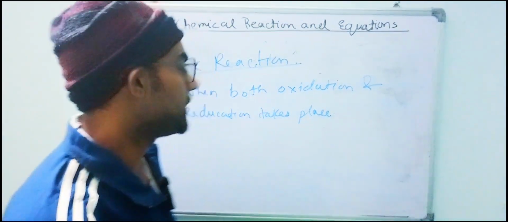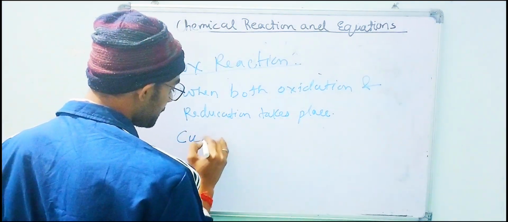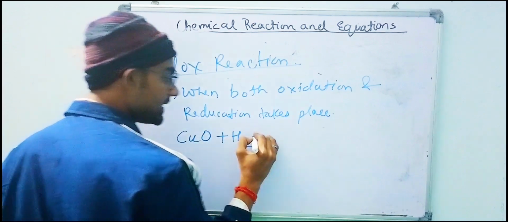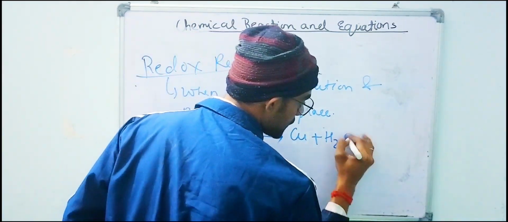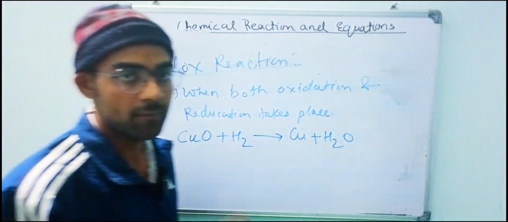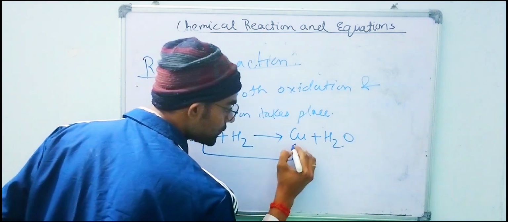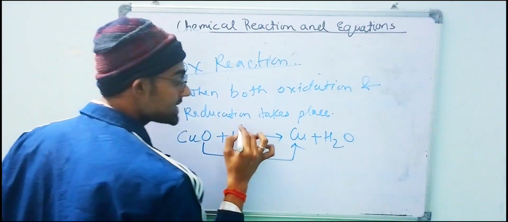For example, suppose there is copper oxide plus hydrogen, then it will become copper plus water. If we see this example, it is an example of a redox reaction, in which there is removal of oxygen and addition of hydrogen.